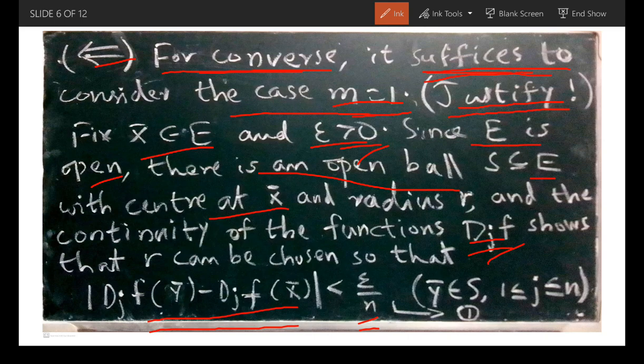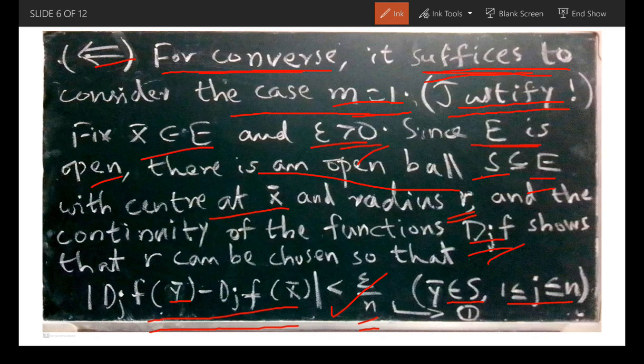Now since E is open, you can find a ball centered at x of radius, let us say eta, sitting inside E. And if you take a number r, which is the minimum of eta, delta 1, delta 2, etc., delta n, then for all y in E with norm of y minus x less than r, you can have modulus of dj f at y minus dj f at x less than epsilon by n for all j from 1 to n.